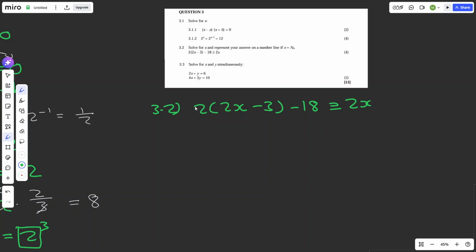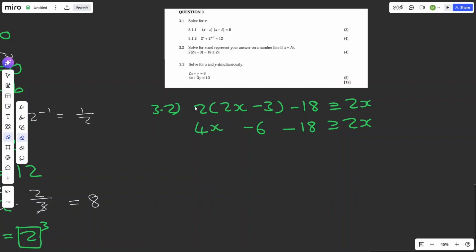Firstly, let us multiply the terms out. So we have 4x squared minus 6 minus 18 greater or equal to 2x. Let me quickly fix this here.